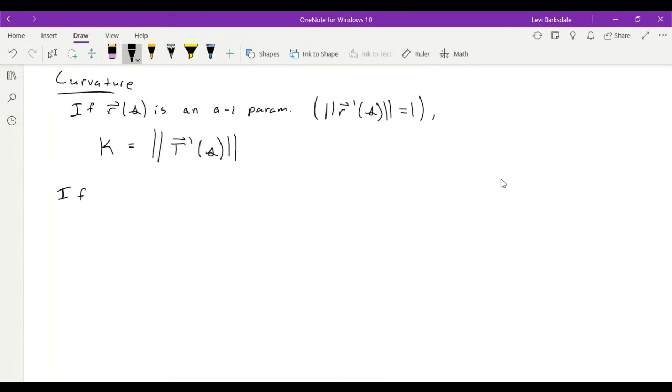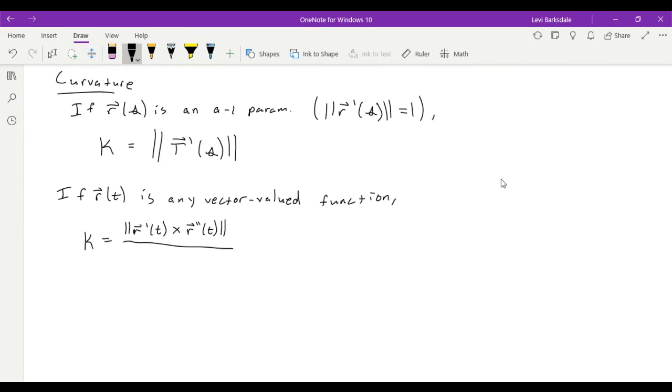So if r of t is any vector valued function, and that, of course, includes all of these arc-length parametrizations, then we can say that the curvature k is equal to the magnitude of the first derivative crossed with the second derivative all over the magnitude of your first derivative cubed.